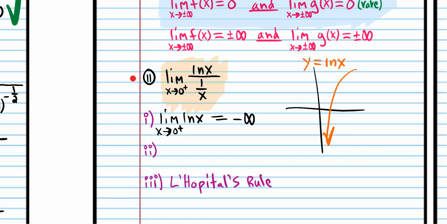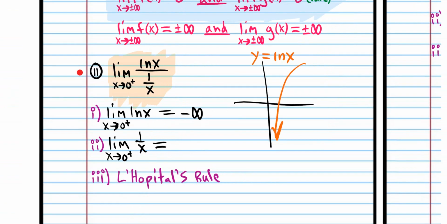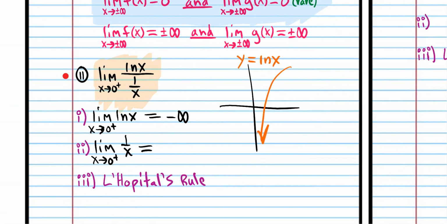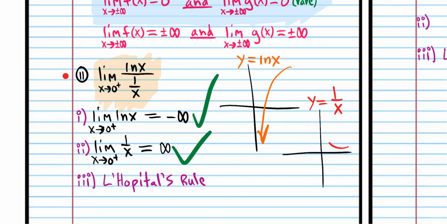I guess we can just keep that graph. And what happens to the denominator as x approaches 0 from the right? Well, that's just going to be positive infinity. But how do we know that? It's easiest to see if we graph the function. So I guess we can graph y equals 1 over x. From the right, the graph approaches positive infinity.